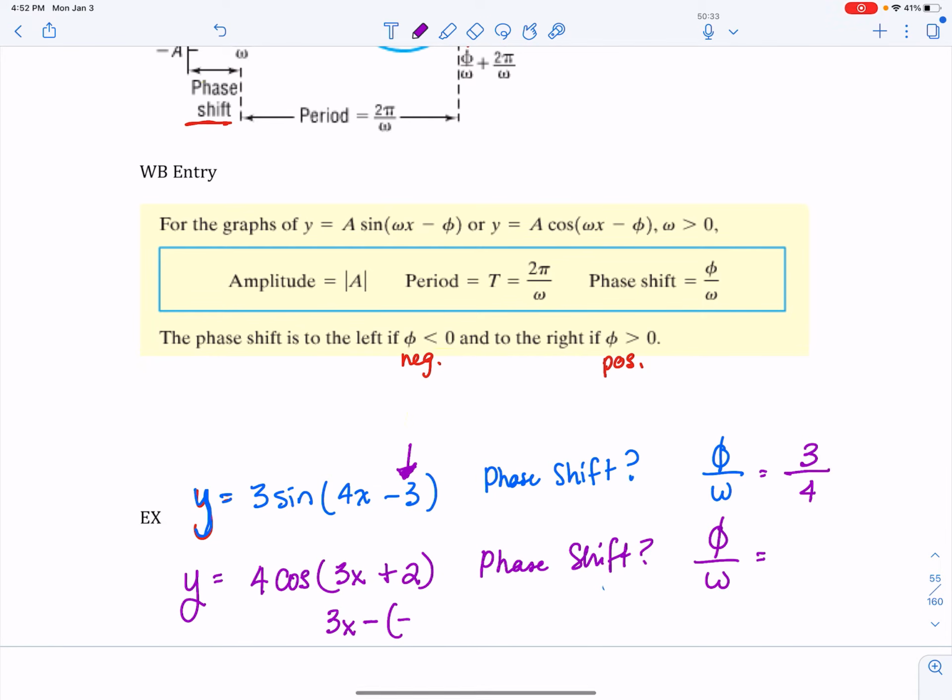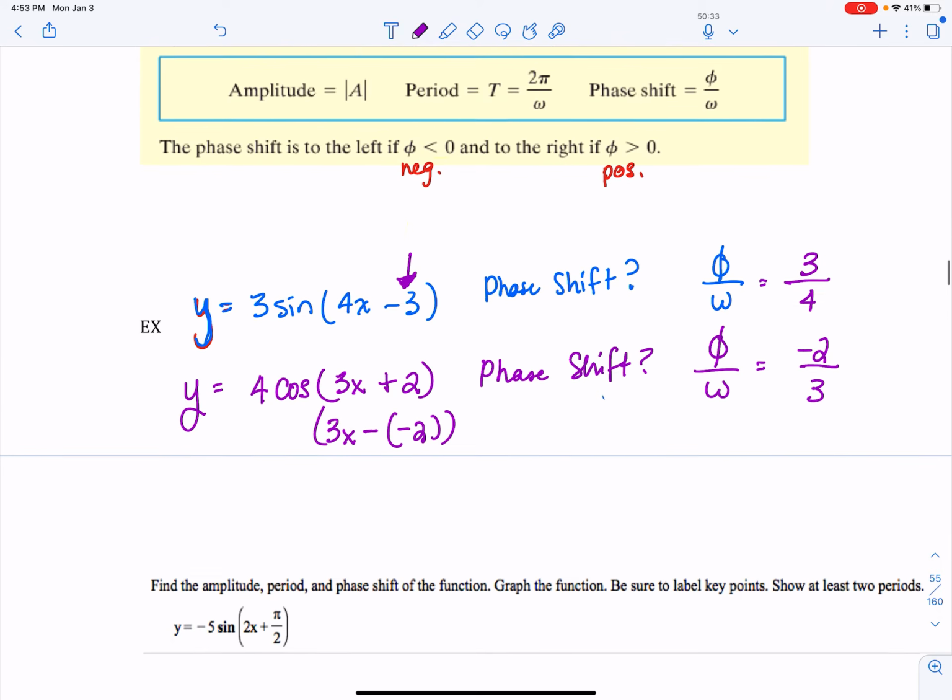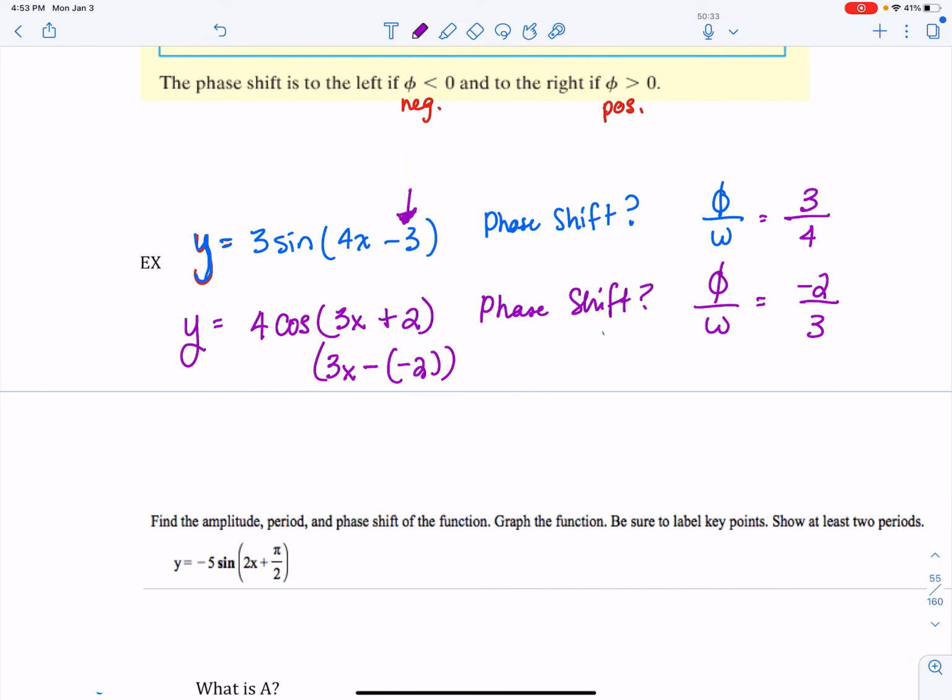So to get a positive 2, I have to have a -2. So phi is -2, and omega in this case is 3. So the phase shift is -2/3. Okay, so those are 2 quick examples showing you the difference between a positive phase shift and a negative phase shift.